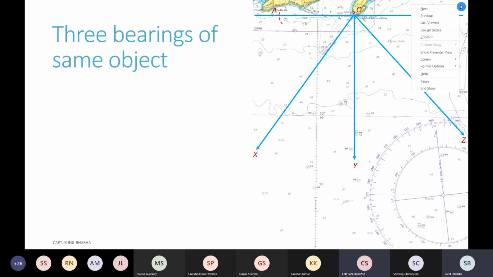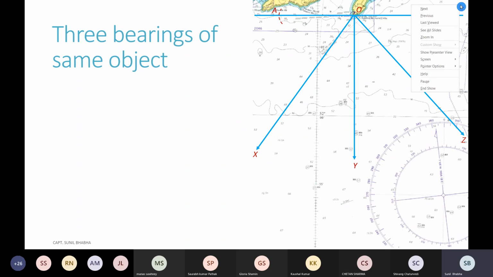Important thing to keep in mind is this should be clear of the three bearings. That's number one. It should not interfere with the three bearings. And second is all the three bearings should lie on one side of this particular line. Okay.